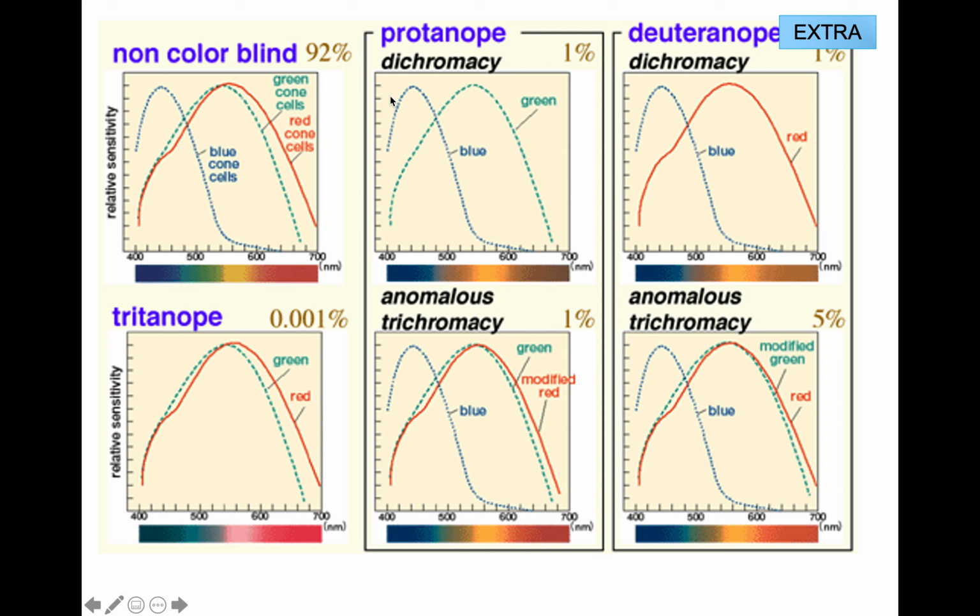Someone with protanopia, we can see here, is missing that red sensitive pigment, and therefore will be colourblind to red. So that is full protanopia.